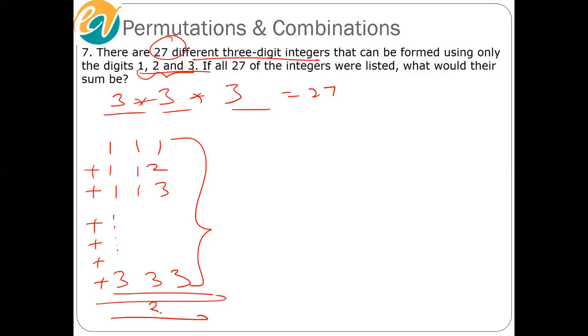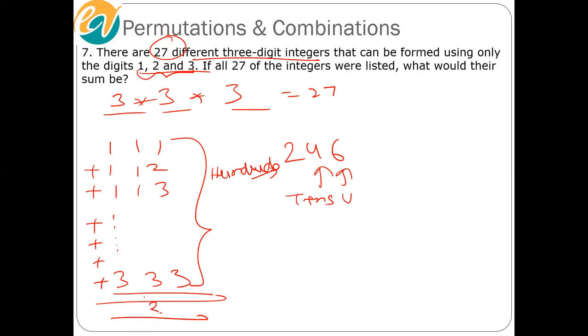So there is another concept that I wanted to make sure we understand. For example, let's say there is a 3-digit number 246. Now, what does it mean, 246? 6 is in the units position. 4 is in the tens position, and 2 is in the hundreds position.